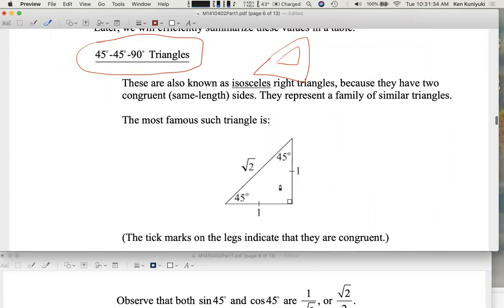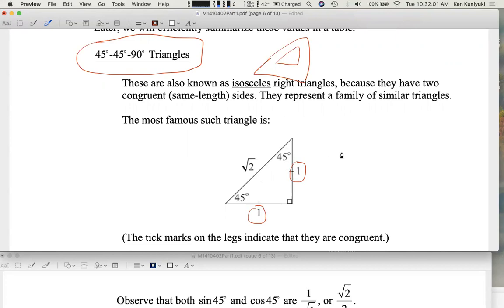We have a 45, 45, 90-degree right triangle. These are by definition isosceles, meaning that the two legs have the same length. They're congruent. Of course, the hypotenuse is still the longest side. Now, it makes sense that in a triangle, equal or congruent angles will face equal or congruent sides.